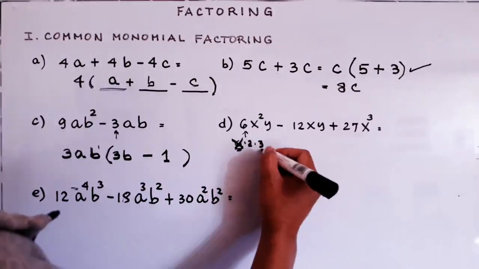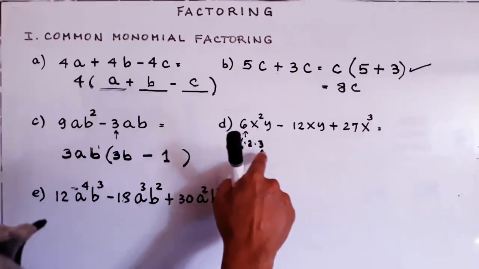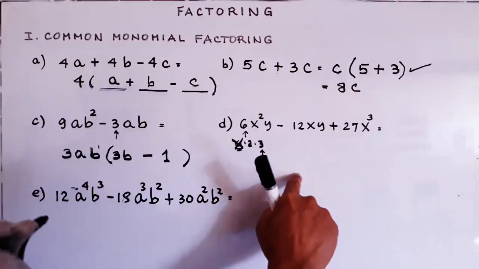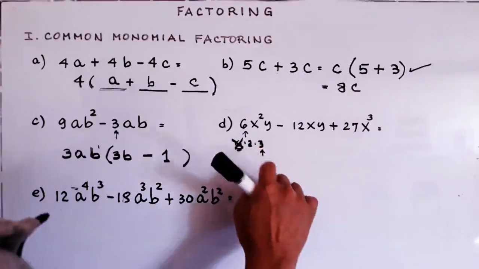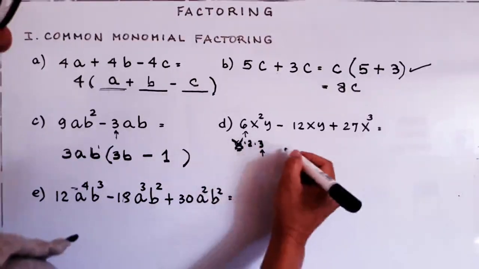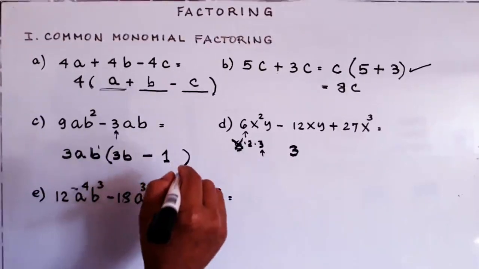Don't use the 2, it's for the last one. 3, second to the highest number. Can we divide 12 by 3? Yes, exact, 4. Can we divide 27 by 3? Yes, exact, 9. So this one is our HCF, which is 3.